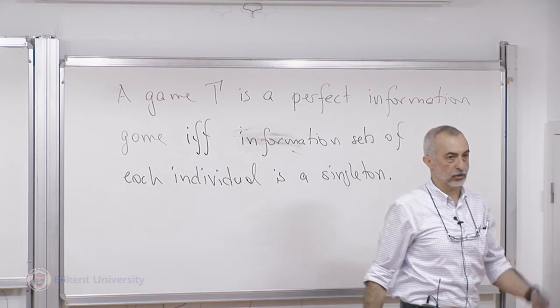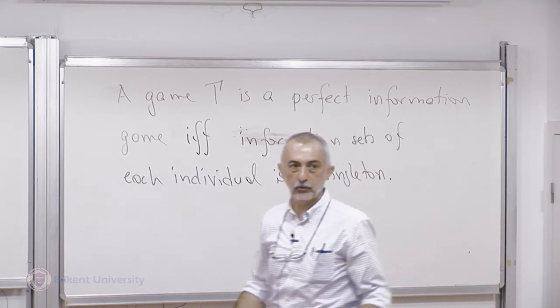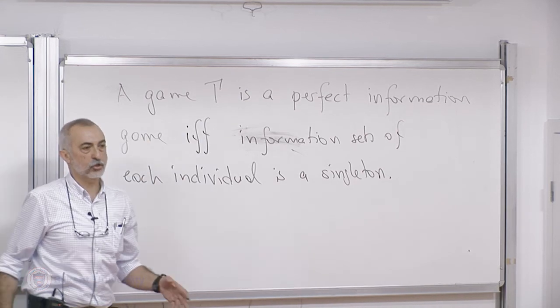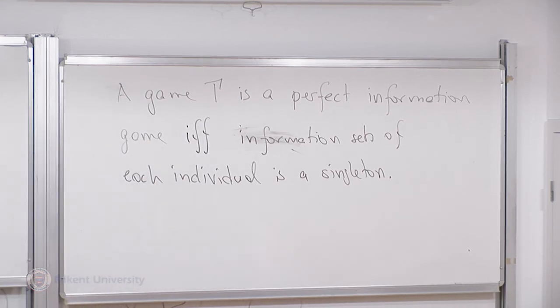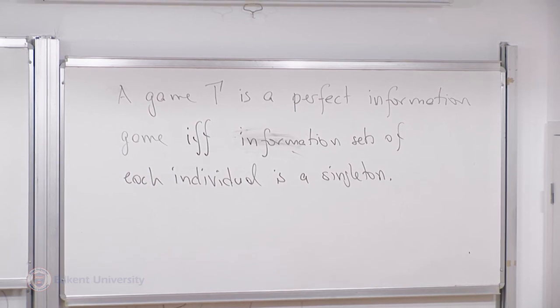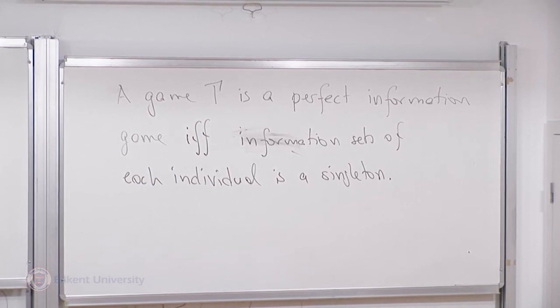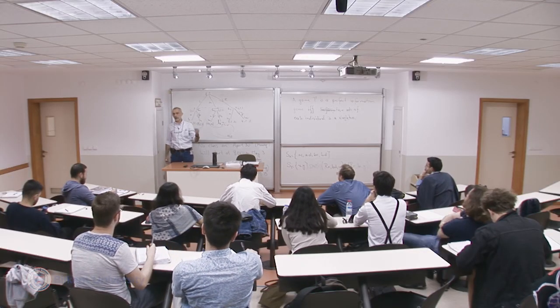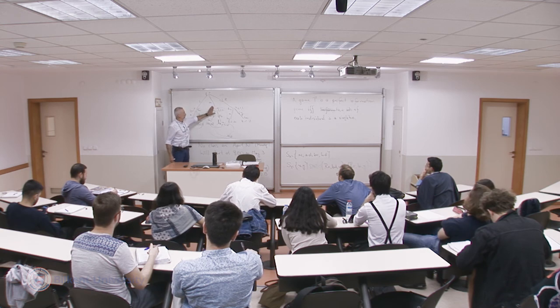That is, it contains a single point, which exactly means agents do know what actions the agents that took an action before them took. Okay? Every information set consists of a singleton. So this game is a perfect information game.